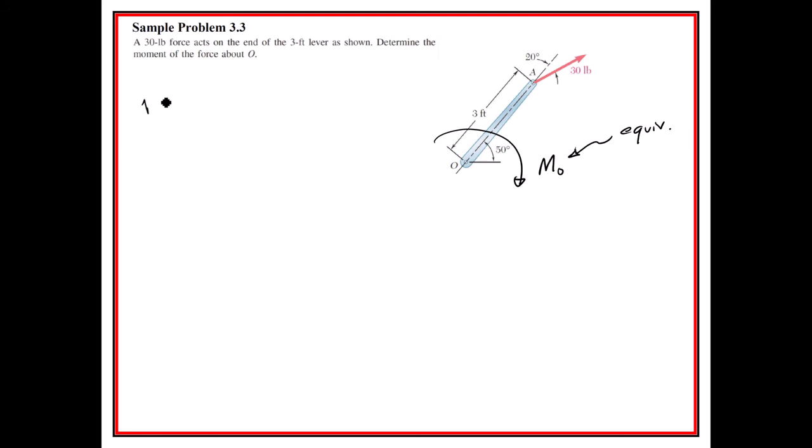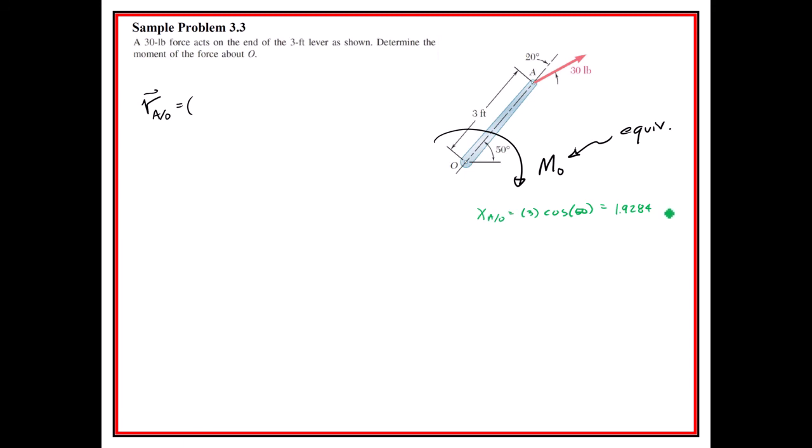So we start out with our position vector, let's call it A with respect to O. And that's going to go, okay, so 3, let's write this thing out to the side. And I'll use my calculator here. I'll say that x, A with respect to O is 3 times the cosine of 50. And I get 1.9284.